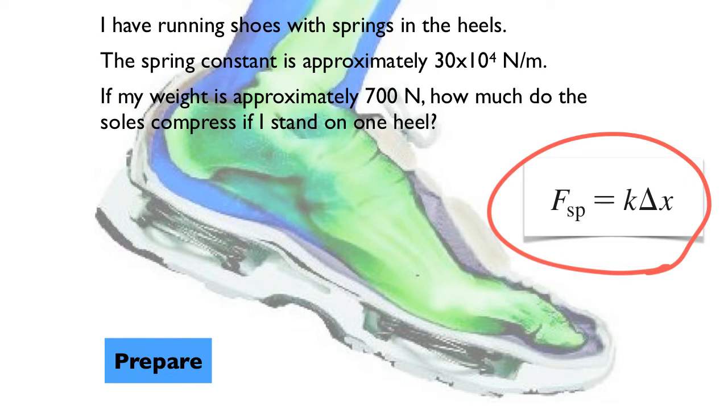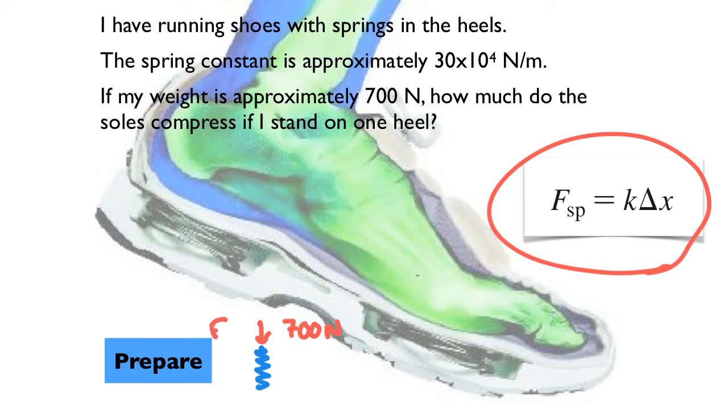Now here's the thing, if I have the spring in the heel, and I'm standing on it, the spring is pushing up on me with a force of 700 newtons because that's my weight. And as a consequence, I am pushing down on the spring with a force of 700 newtons.